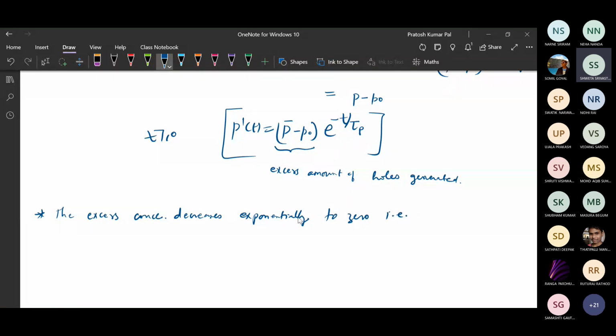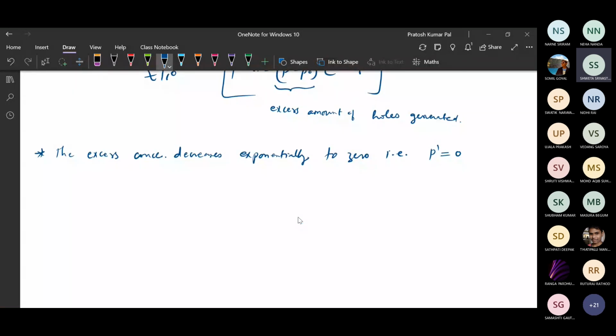That means P dash is going to decrease to zero, or we can call it P is going to reach P naught, with time constant equal to the mean lifetime, that is tau P.